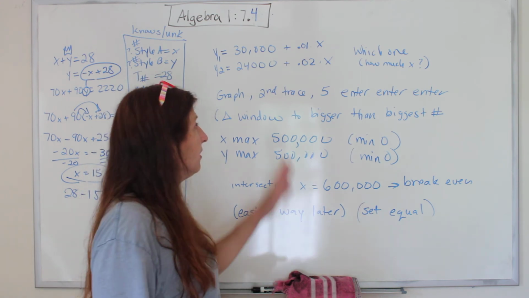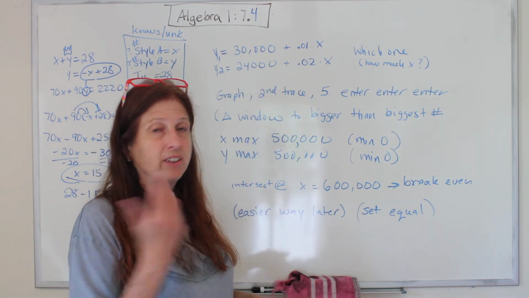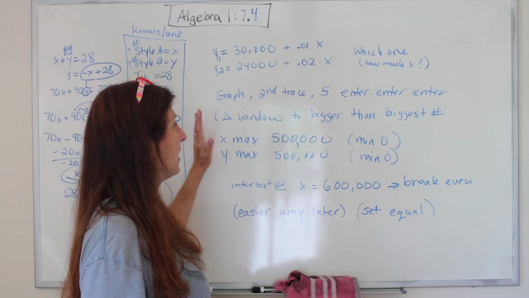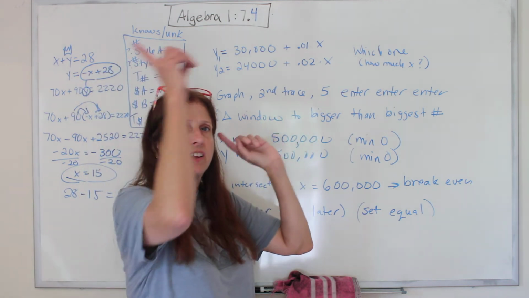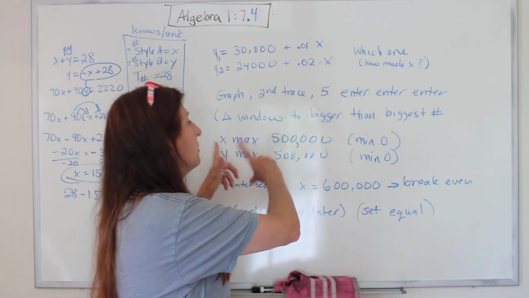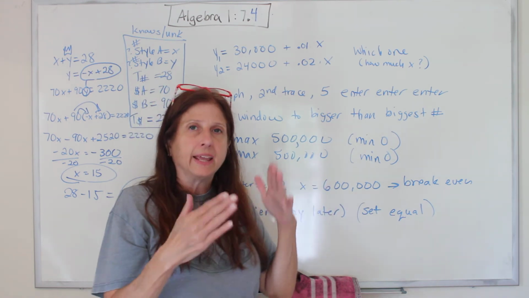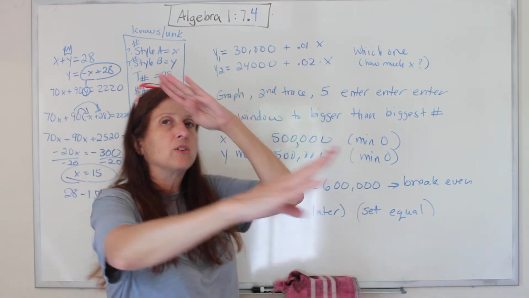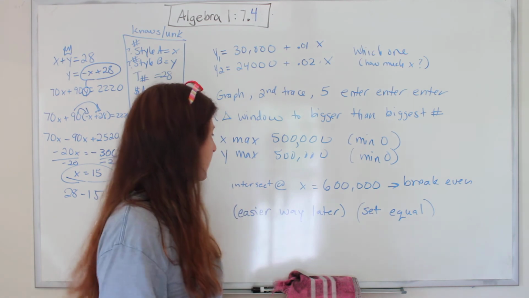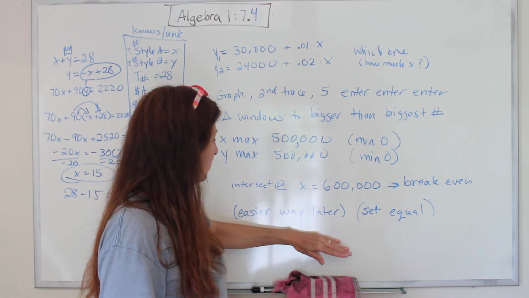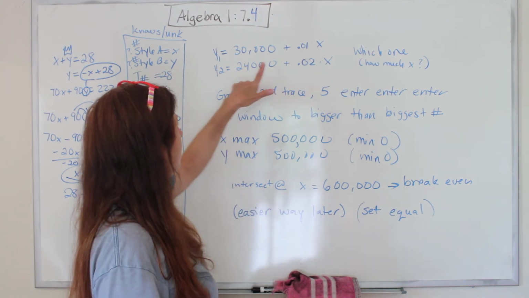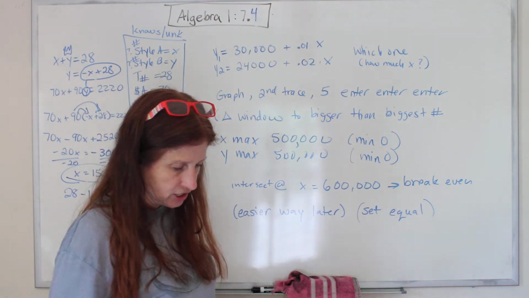There is actually an easier way to do this problem, even than using your calculator, because what's wrong with your calculator on this one is you are going to have to play with that window and get it big enough so you can see where the 2 intersect. And how we'll do it later is we will set these 2 equal to each other.